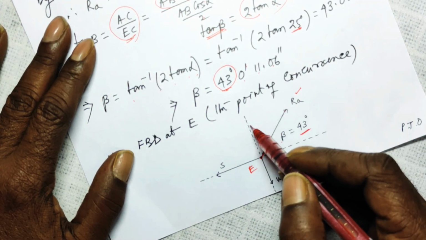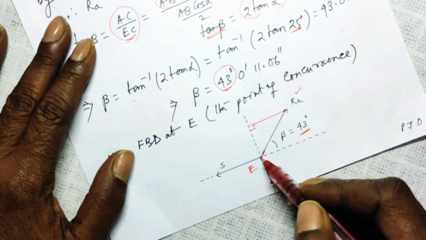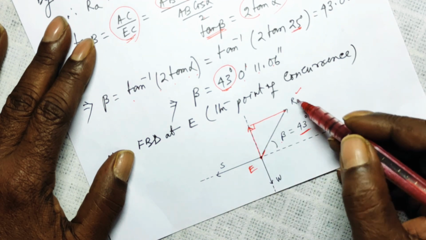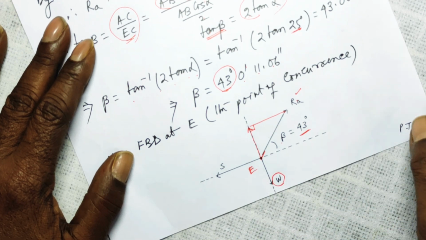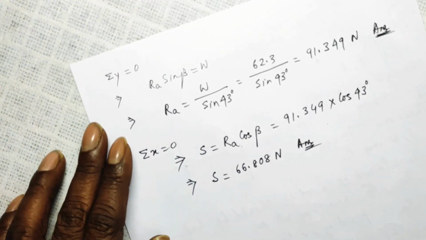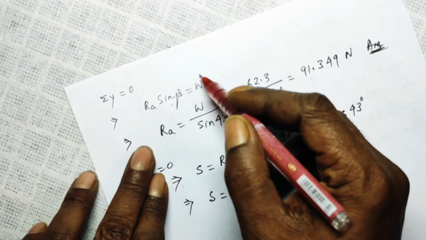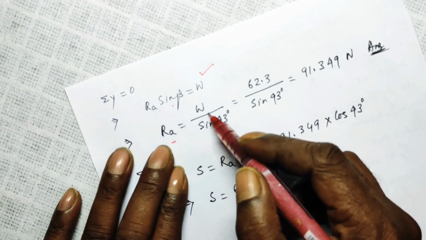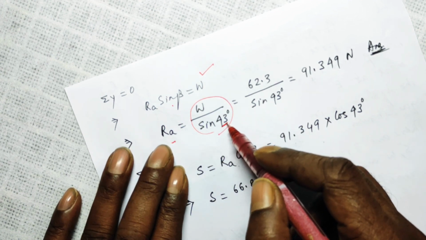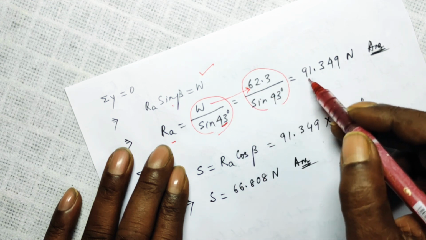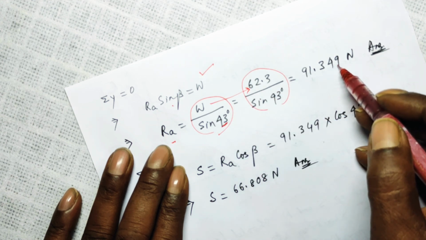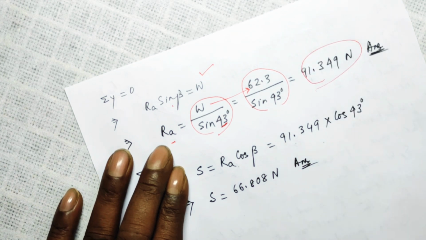If you drop a perpendicular here, this length will be RA times sine beta, and that is being opposed by W. So by applying sigma y equal to 0, RA sine beta is W. So RA is equal to W over sine 43 degrees. Now put the values. W is given as 62.3, so this comes out to be 91.349 Newton.